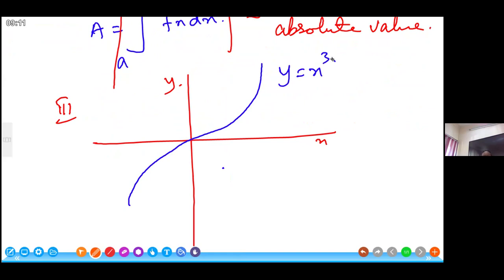I want to find out the area enclosed between -2 and +2.